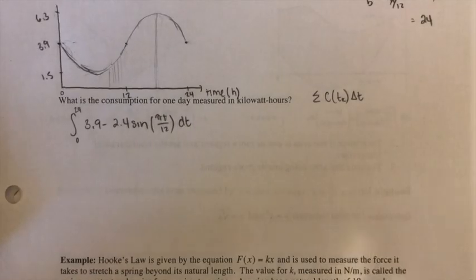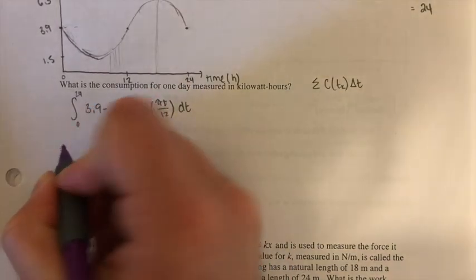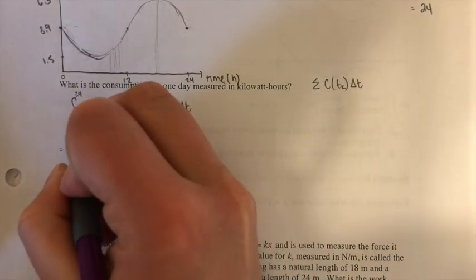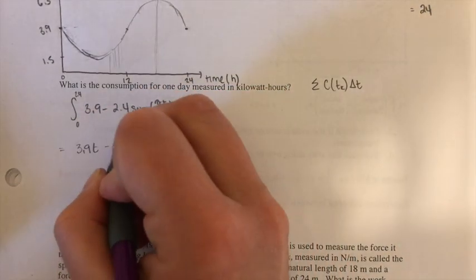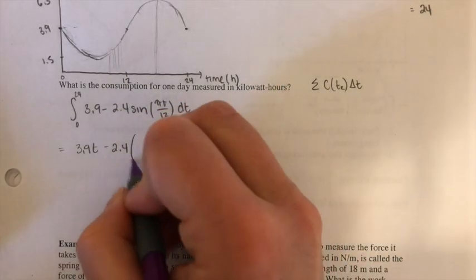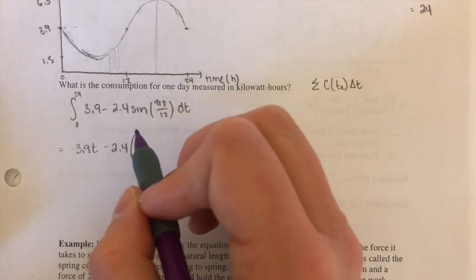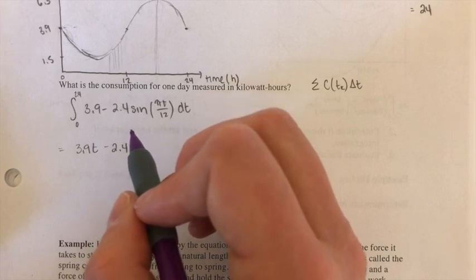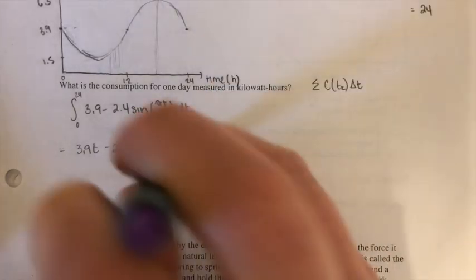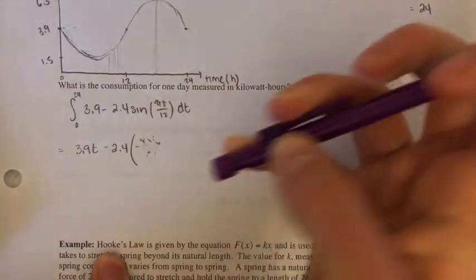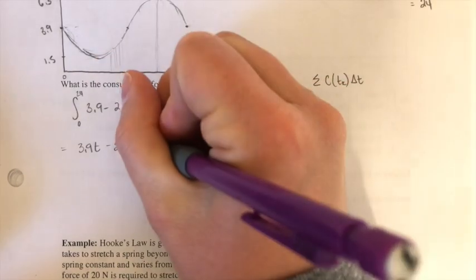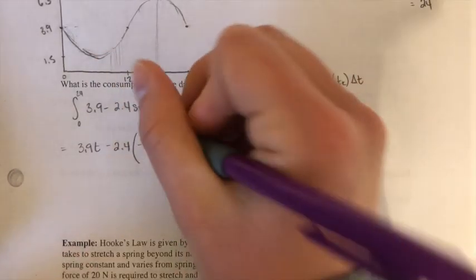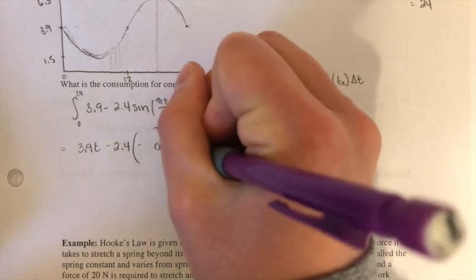We're going to use our antiderivative skills to do this. The integral of 3.9 is going to be 3.9 times t. For the integral of this, we're going to bring that negative 2.4 out in front and worry about it. The integral of sine is negative cos of pi t over 12.